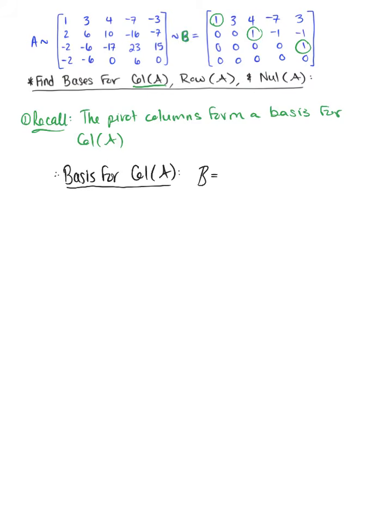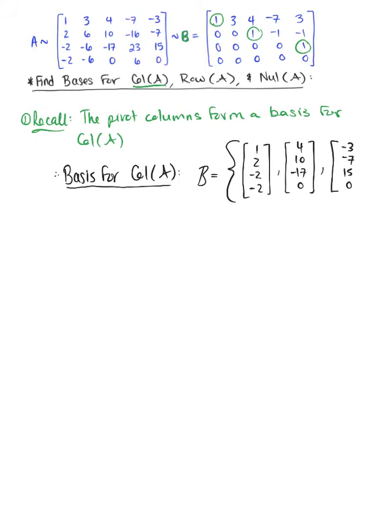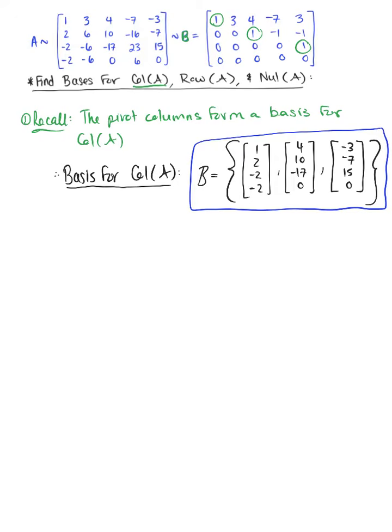So that means that our set B here, the basis for the column space, is the set of column vectors (1, 2, -2, -2), (4, 10, -17, 0), and last but not least, the column vector (-3, -7, 15, 0). And so this is our basis for the column space of matrix A.